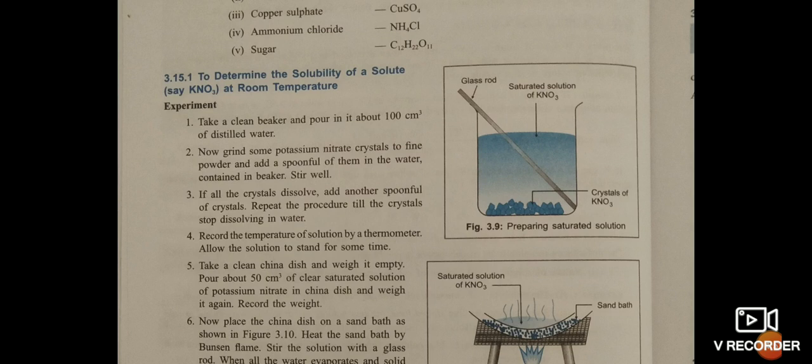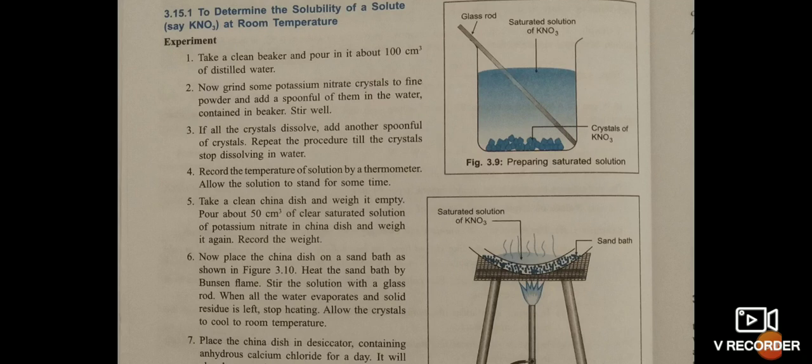Now grind some potassium nitrate crystals to a fine powder and add a spoonful of them to the water contained in the beaker. Stir the solution well. If the crystals dissolve, add one more spoonful of crystals and repeat the procedure till the crystals stop dissolving in water.